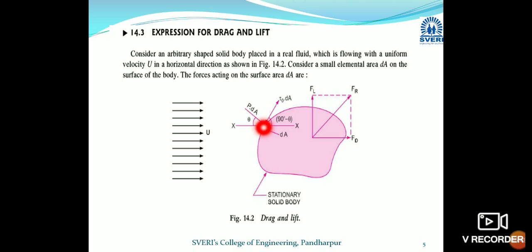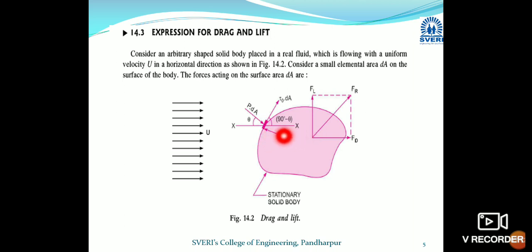Whatever drag force we calculate on this elemental area, we will integrate to get the total drag force on the surface. Similarly, we calculate the lift force on this small elemental area, and then the entire lift force can be calculated by integrating the lift force acting on the object.